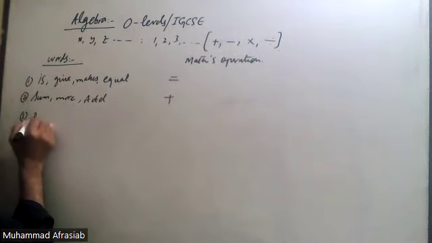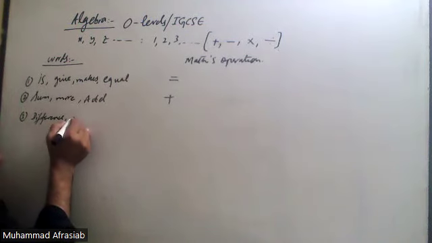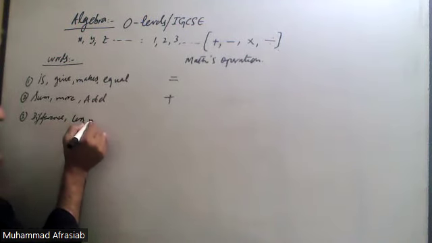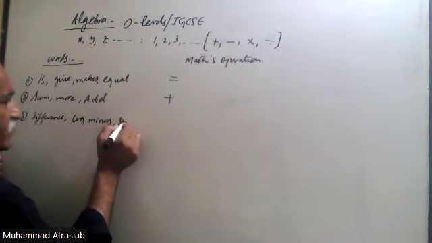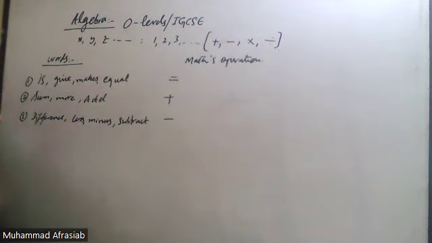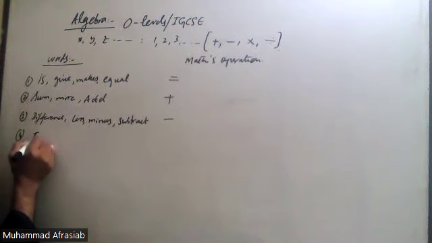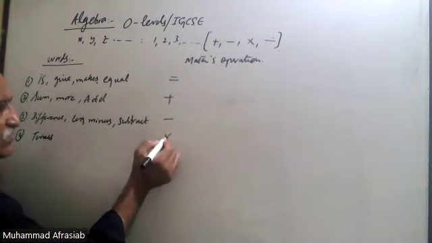Then the words are difference, less, minus, subtract. So we are going to use the minus sign for that. If the word used is times, then you are going to use multiplication.